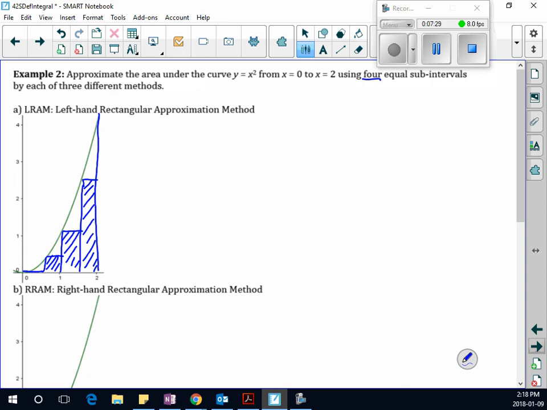So just so you know, the way you calculate the subinterval widths, if you're going from 0 to 2, n stands for the number of subintervals. It is 2 minus 0 divided by n, which is 4, and that is how I got each length is a half. Does everybody see a half here? The width is a half.